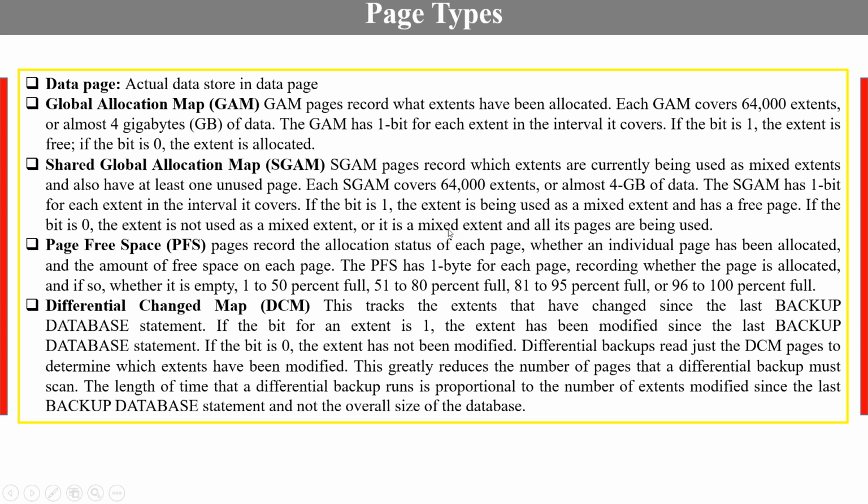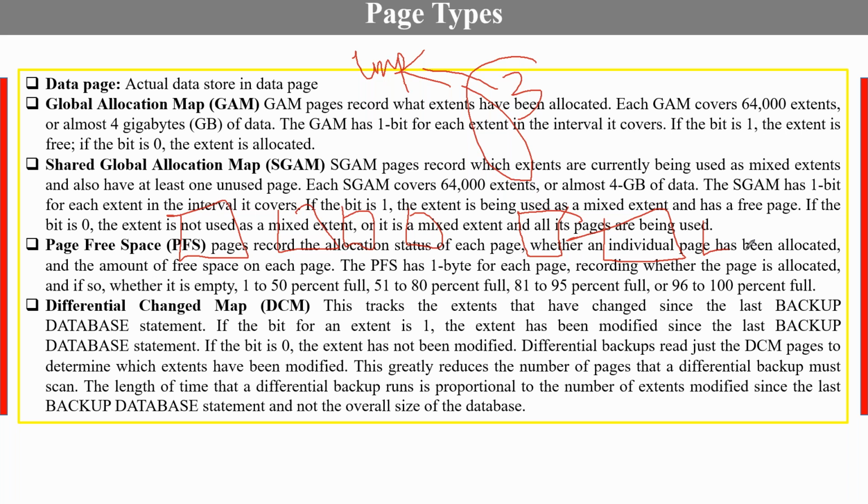Now, what is SGAM? Okay, sir. I created one table, an employee table. So I am saying that 3 extents have been allocated for this table. Now, an extent means 8 contiguous pages, right? Yes or no?